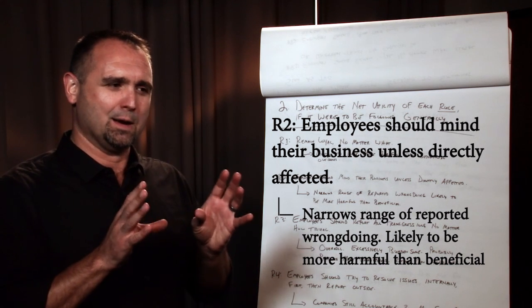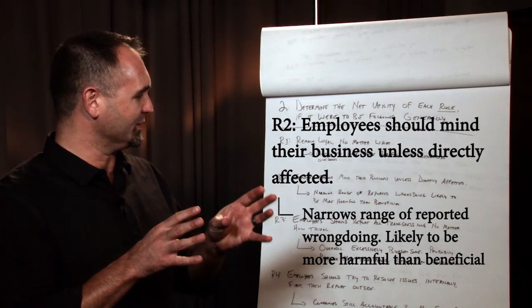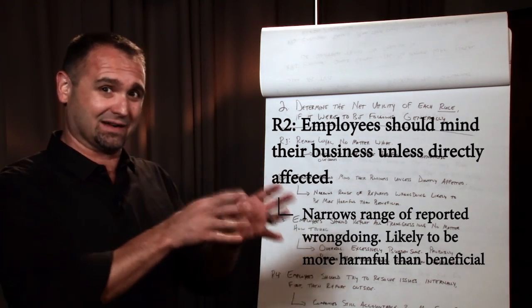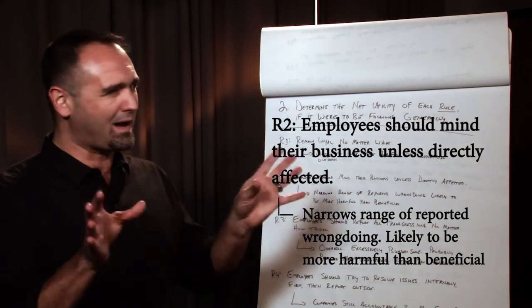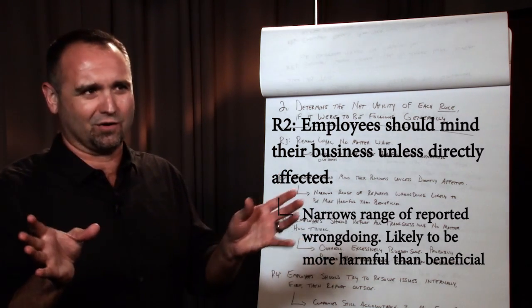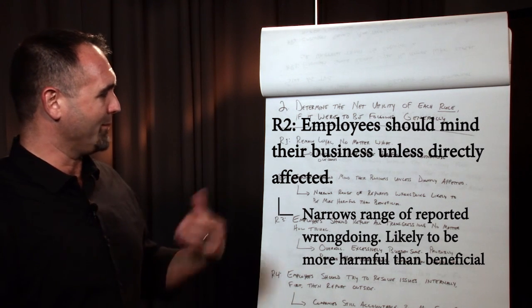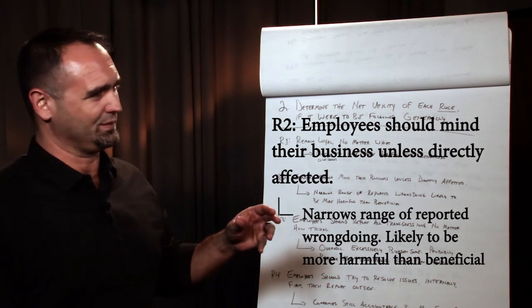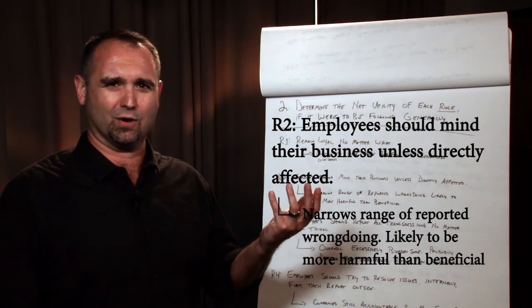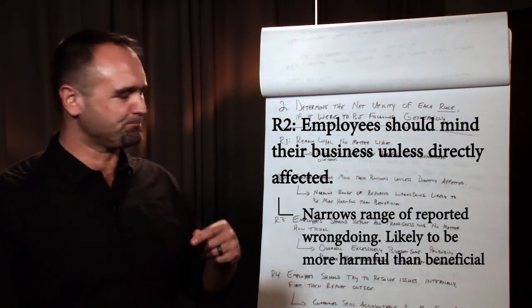Sometimes that's okay, but if something didn't affect an employee directly, it leaves a wide range of wrongdoing that we'd like reported more generally. So typically, over time, we might forecast that this rule also leads to more harm than good, and in the long run would be less likely to make people happy than not.